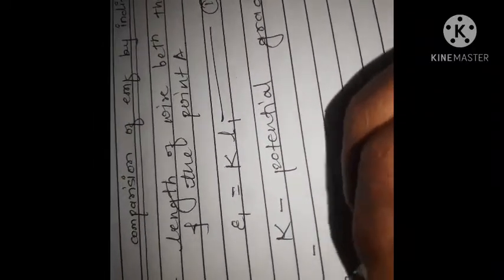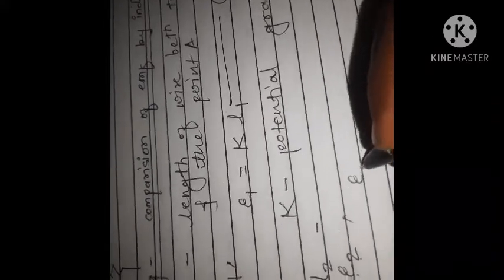So the EMF of the second cell E2 is given by the principle of potentiometer. By using the principle of potentiometer we can write E2 is equal to K into L2. Suppose this is equation 2.